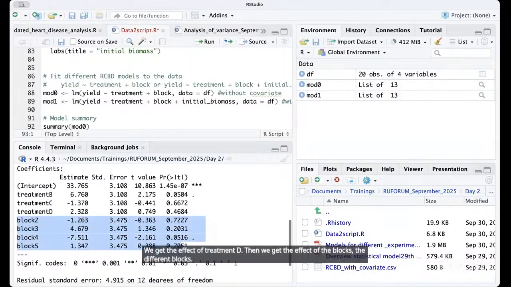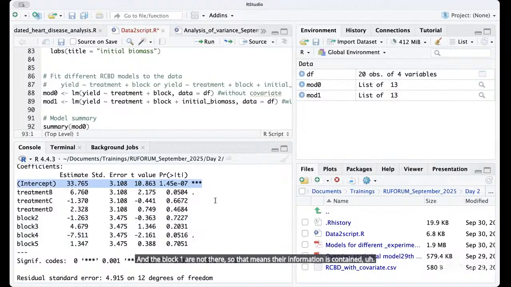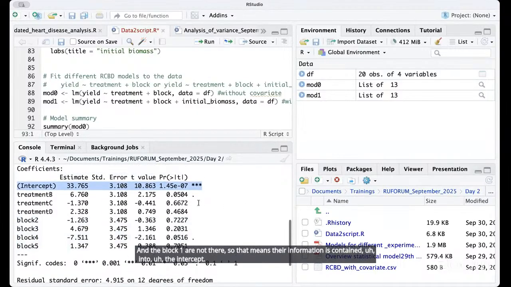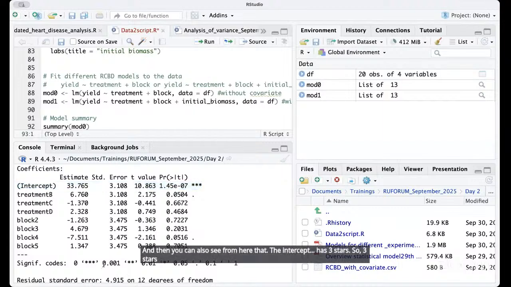As you see, treatment A and block 1 are not there, which means their information is contained in the intercept. The intercept has 3 stars, and 3 stars mean it is significant at 0.001.